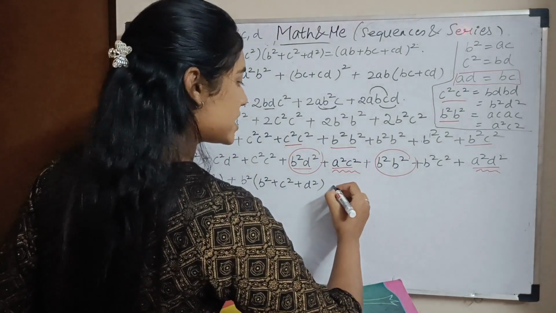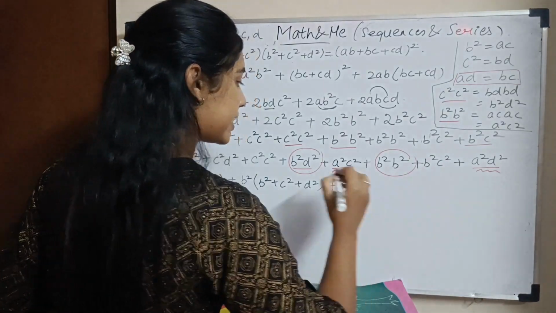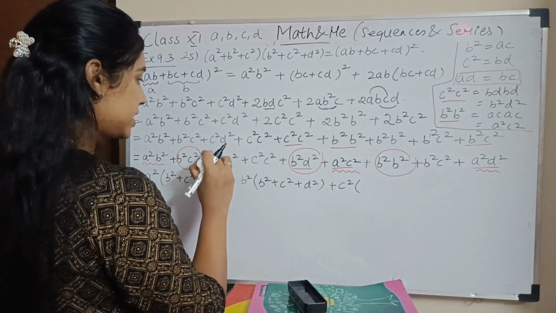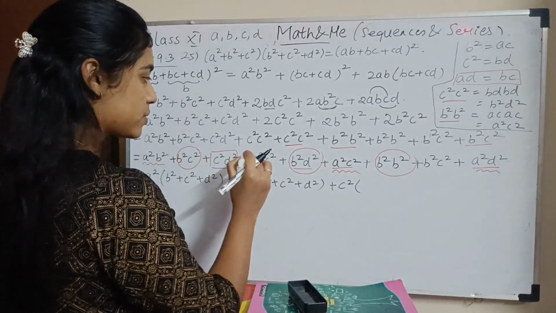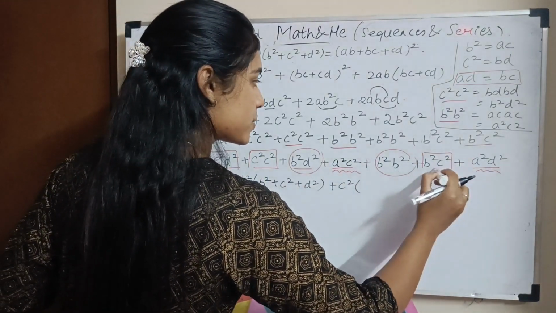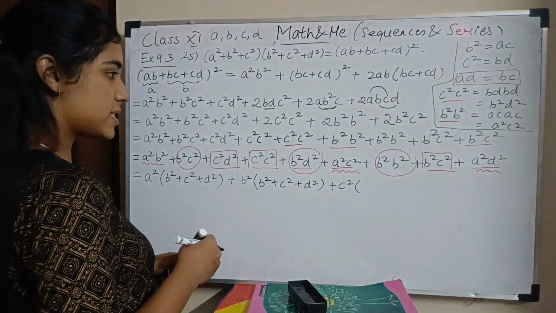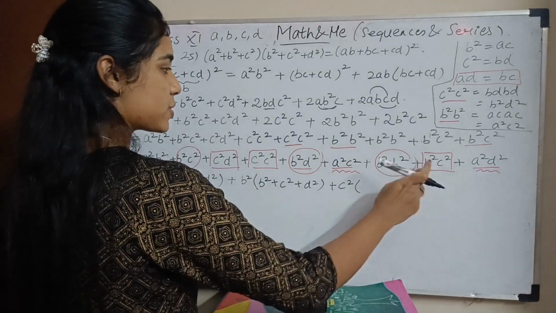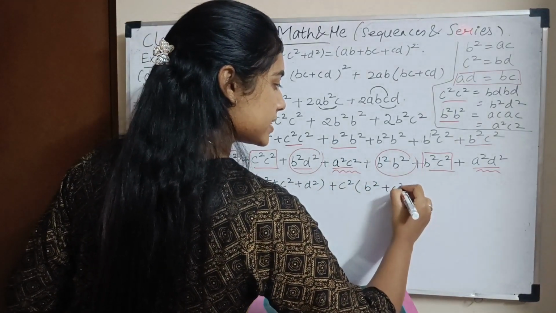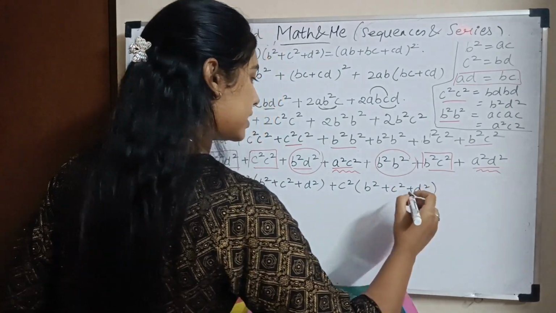Okay? Now I'll take c square separately. So what do I have? c square, I have a term here. I'll put a box. c square d square, c square c square, and b square c square. So now what do I have? c square coefficients, b square, c square and d square. Again, b square, c square and d square.